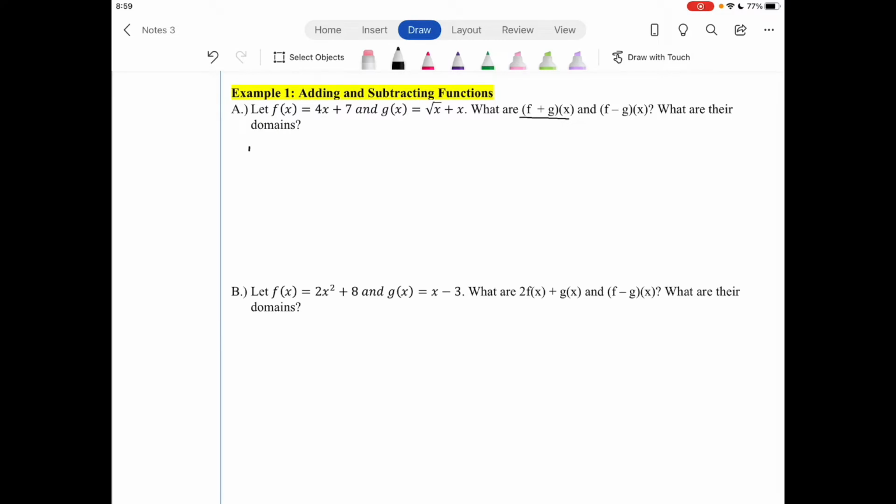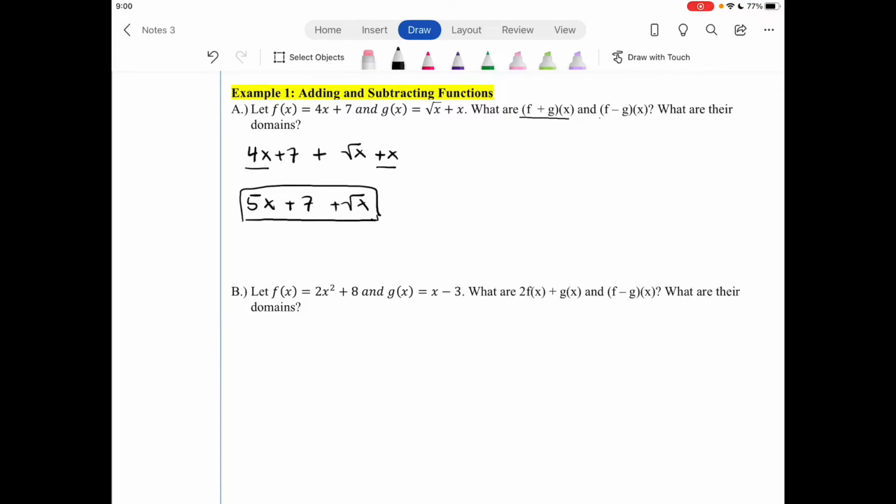Our function f of x is 4x plus 7, and we're adding to that our function g of x, which is the square root of x plus x. With addition, we can take those parentheses away, and now it's just a matter of combining our like terms. We only have x's that are the same, so that will now give us 5x plus 7 plus the square root of x as our solution.